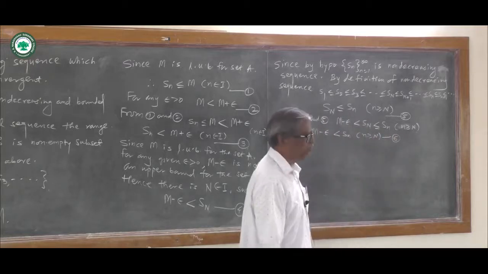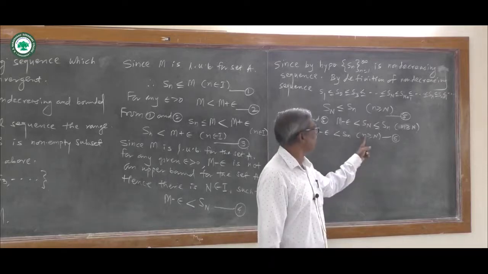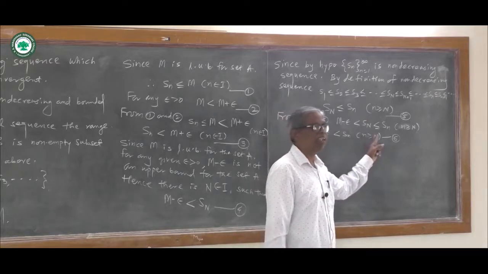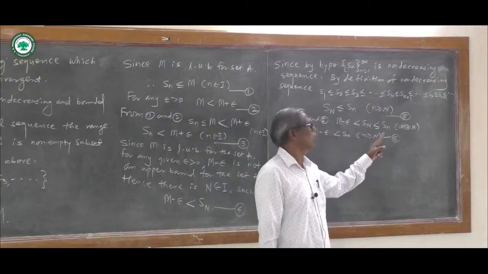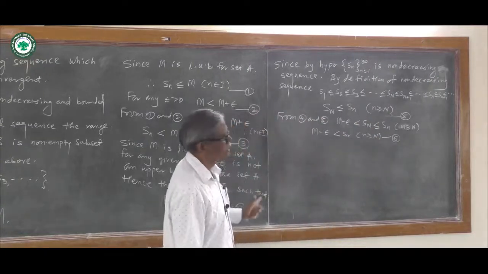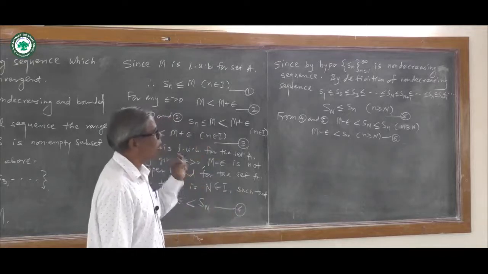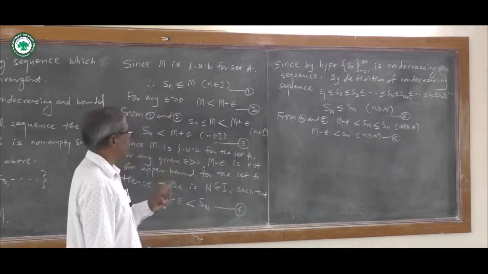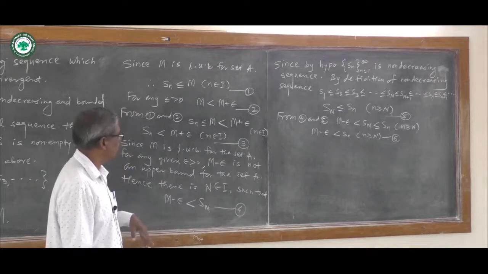Relation 6 is true for all small n equal to capital N plus 1, capital N plus 2, and so on.